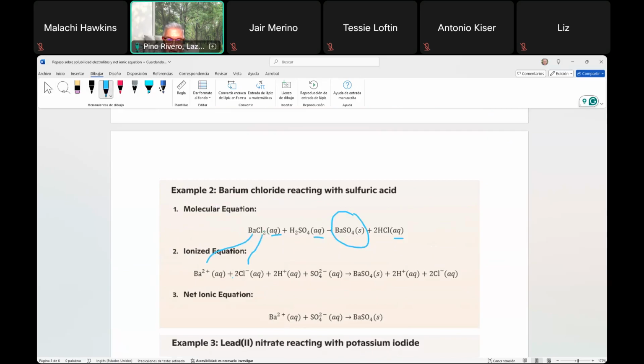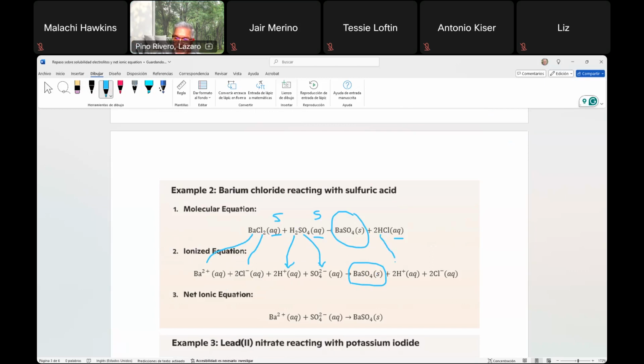These two goes in front. Then hydrogen, the two goes in front, and sulfate. I divide into ions because they are soluble. Every time you see AQ is because they are soluble. But barium sulfate remains as a solid. I cannot divide because it is non-soluble, it's insoluble.